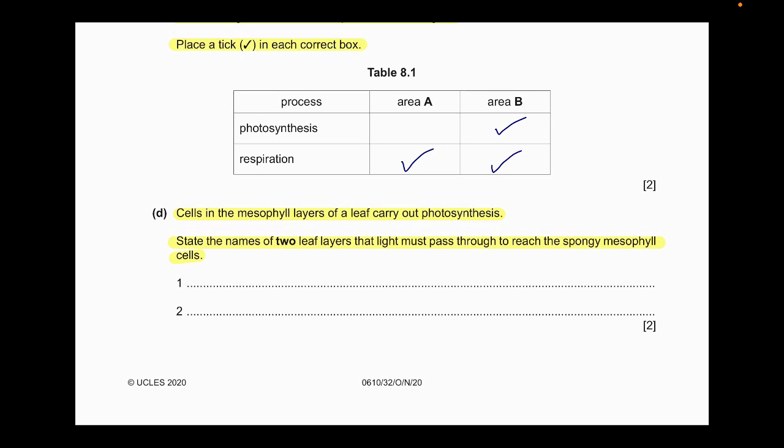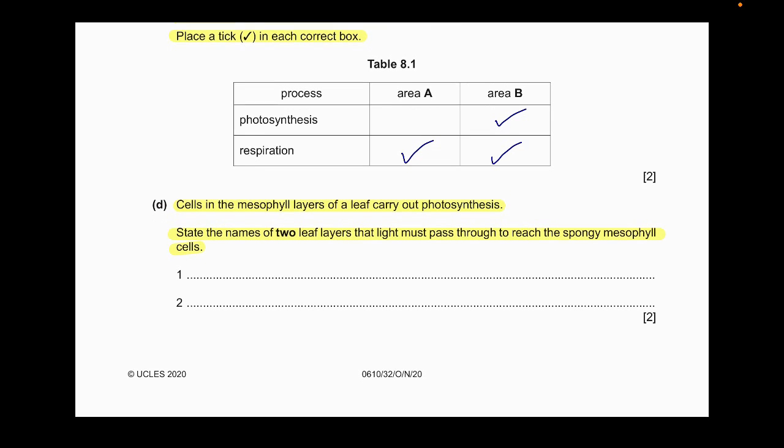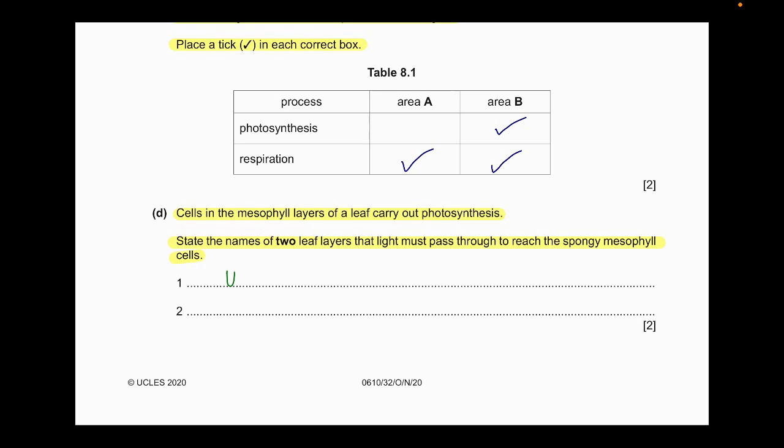So to reach the spongy mesophyll cells, definitely the light must pass through the upper epidermis, and also the light must pass through the palisade mesophyll, and then all right, we can also mention the cuticle, the waxy cuticle. Since they say layers, the waxy cuticle is also a layer.